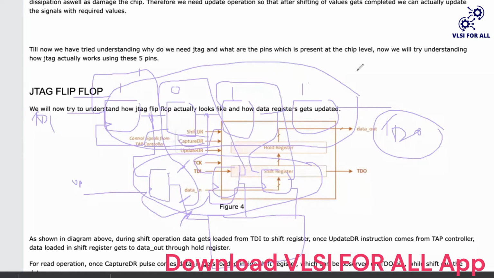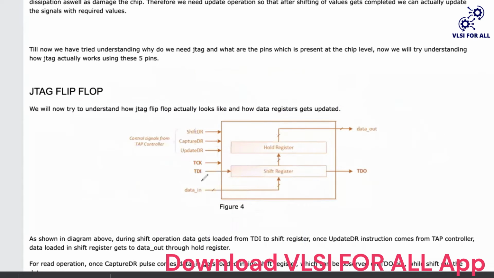So if I tell you about this diagram, basically there's a TDI pin, there's a shift operation and there's a hold register. The hold register is basically the update DR flops, which I've talked about. Serially you will shift in the data, it will go to this shift register. Then the update DR will come, and the value from the shift register will go to this hold register, and it will go out to the data out.